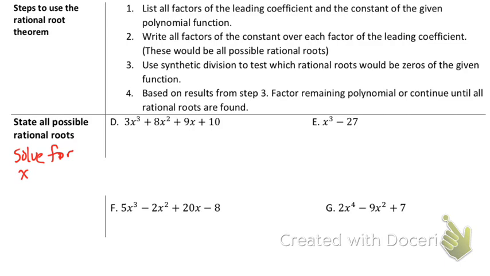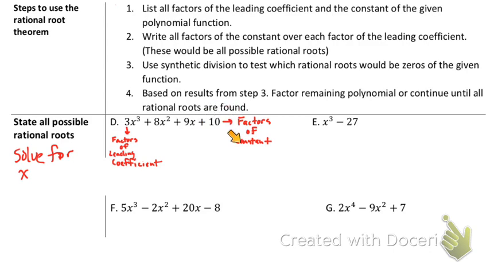Okay? So, to use the rational root theorem, the first thing we want to do is list all the factors of the leading coefficient and the constant of the given polynomial. So as a reminder, in step 1 here, we want to list, here's the leading coefficient, we want to list all their factors, and then here's the constant.